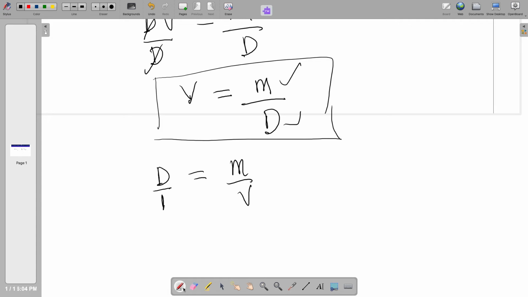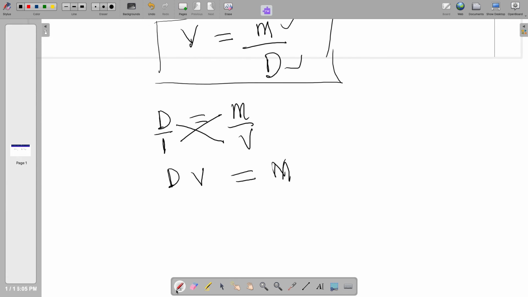So we cross multiply again, just like we did before. D times V will give us dV equal to 1 times M, which gives us M. Anything multiplied by 1 is still the same thing. So here we have isolated our mass with respect to density and volume.